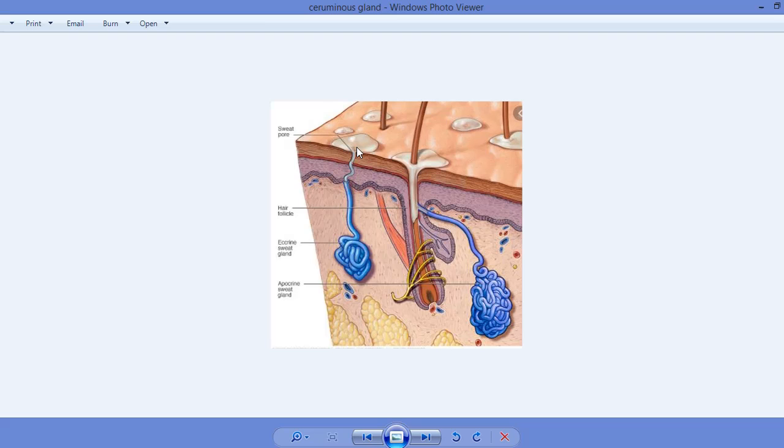So the surface of the external acoustic meatus has this type of sweat gland, the apocrine type. But this gland is also not a normal apocrine sweat gland. It is a modified form of sweat gland which is called the ceruminous gland, which secretes a sticky sweat.